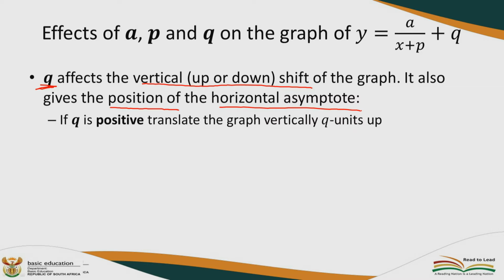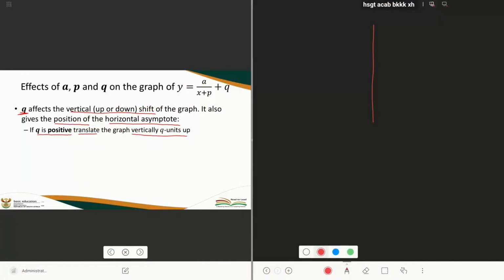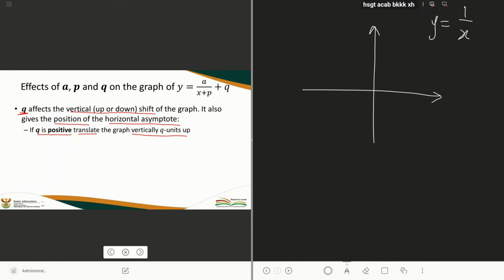Now, let us look at what happens when Q is positive. If Q is positive, we are going to translate the graph vertically Q units up. So if we use the mother graph again, y equals 1 over x, let's say we have a Q there.